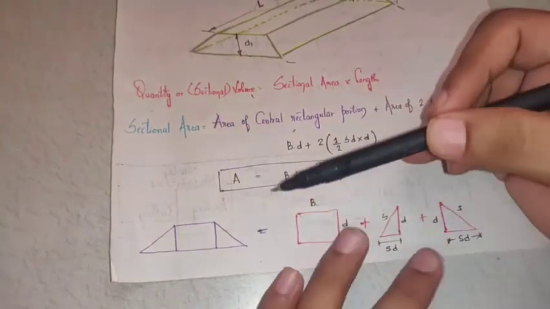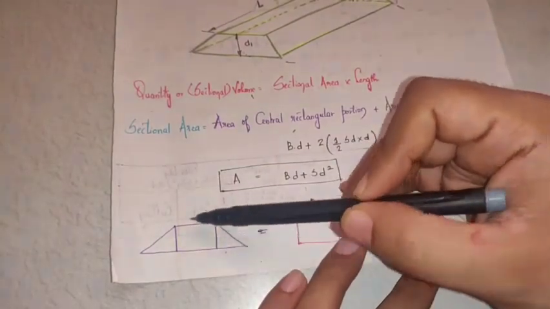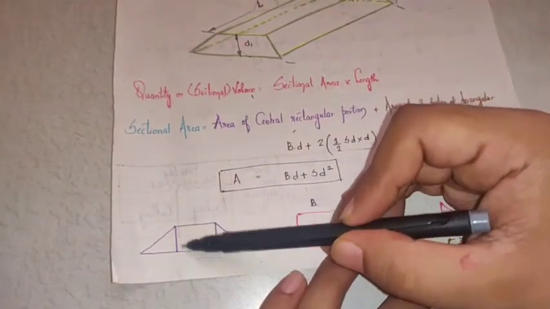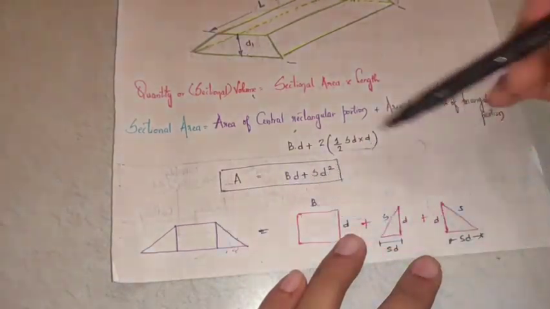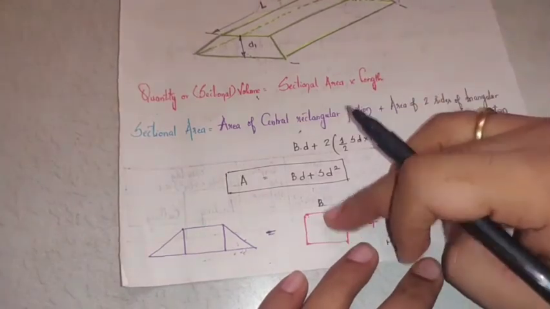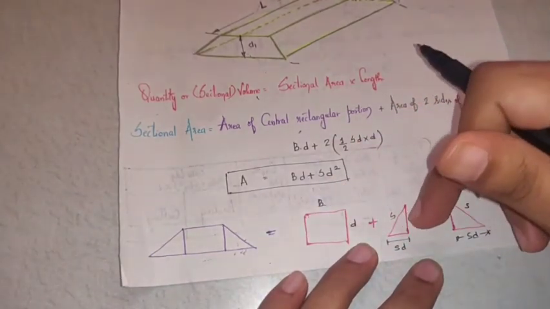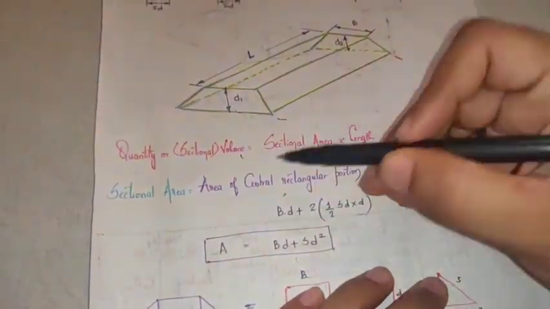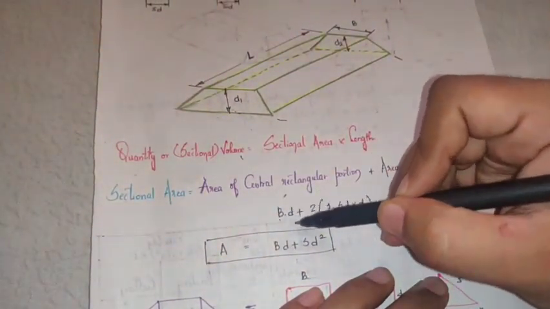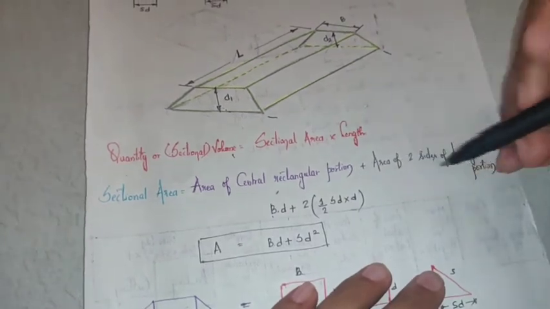This is a trapezoidal shape. The central or middle portion is considered the rectangular portion, and these two are considered the triangular portions. That will be easy for us to calculate the area. Area of a rectangle is B into D, and area of a triangle is half base into height. For that reason we divide the area into two parts. Rectangular area is width into depth, plus the area of two sides.